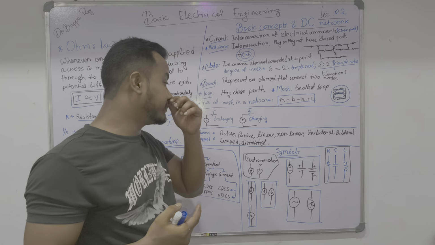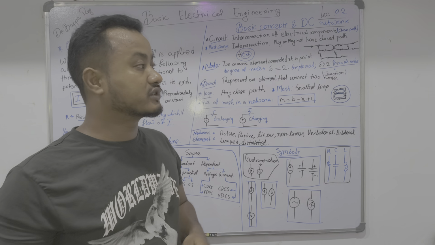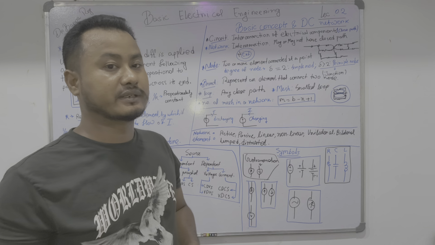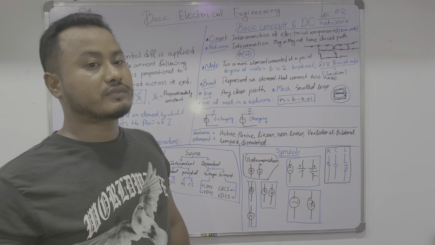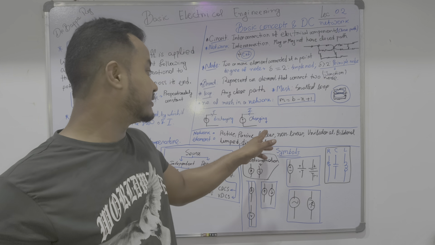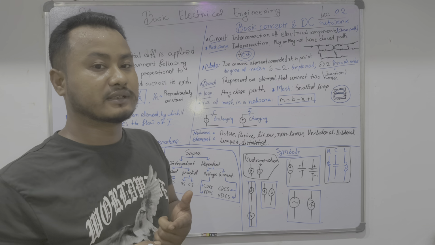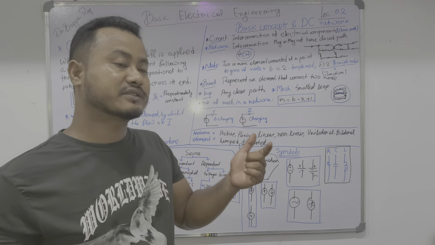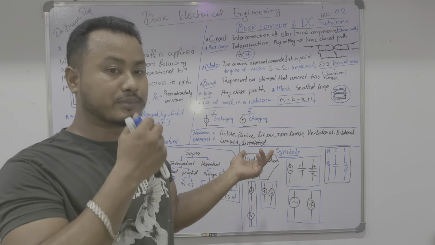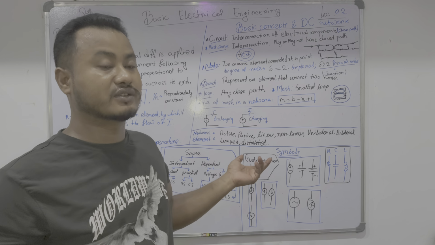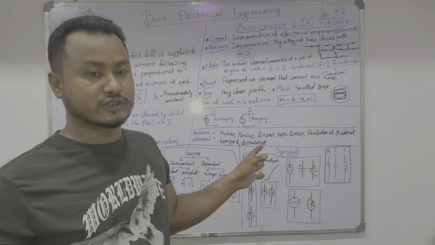A passive element always depends on some other element present in the circuit to give supply. Suppose a capacitor and an inductor can give supply, but they always depend on other components, sources, or any other voltage or current source.